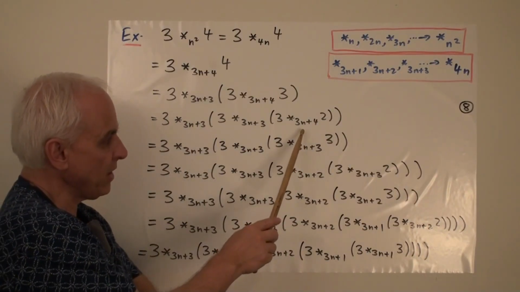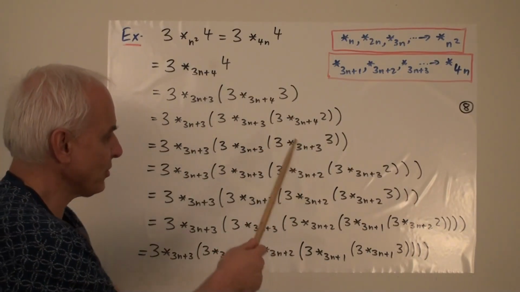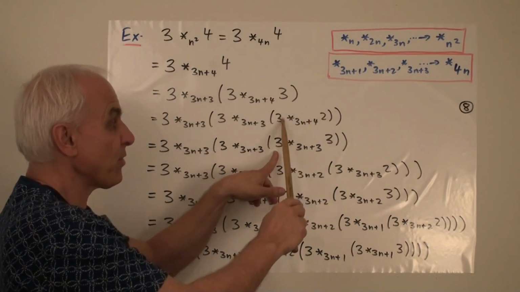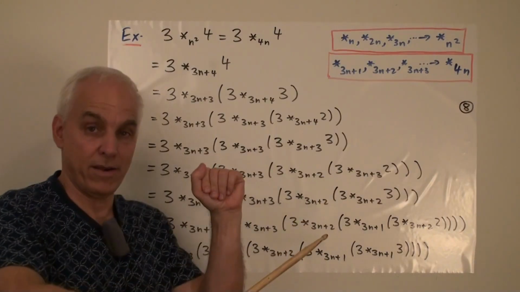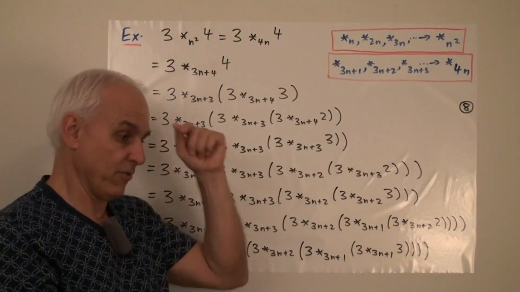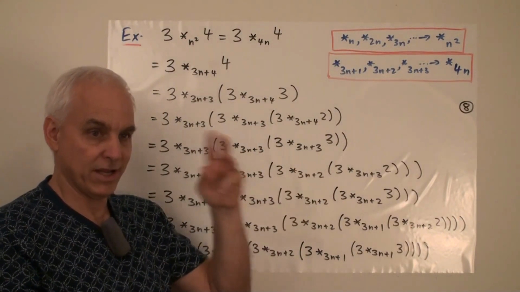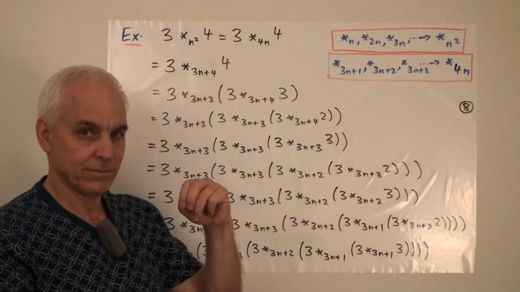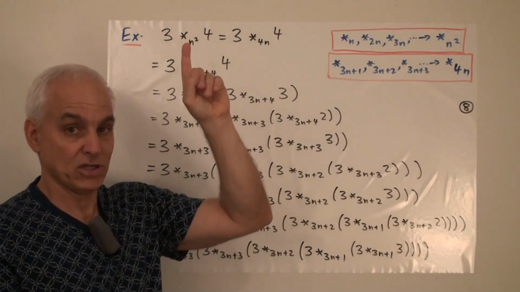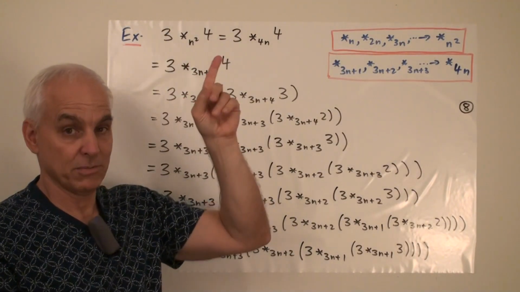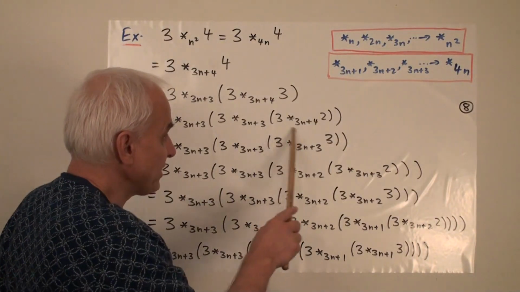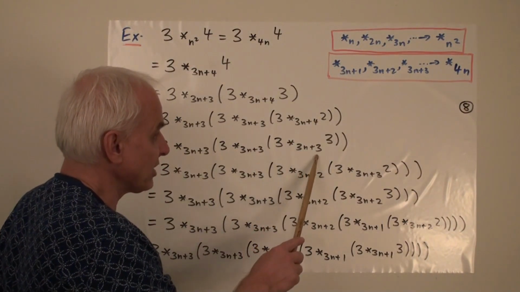That's going to be, again, by the same recursive rule, 3 star 3n plus 3 times 3 star 3n plus 4 times 1. But I'm not writing that down because I know that's equal to 3. Whenever we have something times 1, we're going to get the something. That is true for all of the operations, except for the original operation of multiplication, star 1. But for all the other ones, it works. So this thing here reduces to 3 star 3n plus 3, 3.